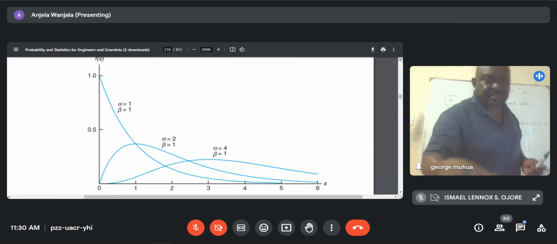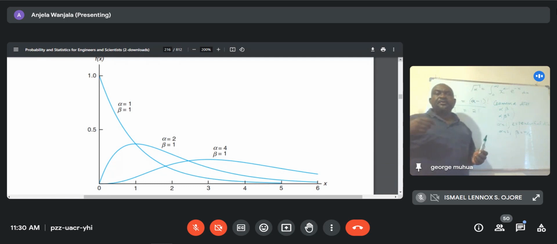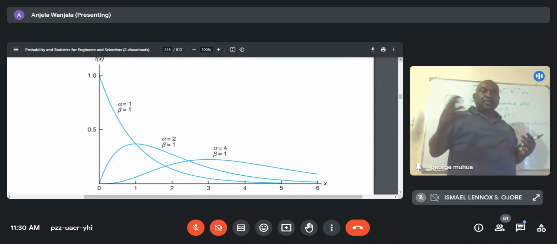In other words, as alpha becomes larger, you tend to the normal curve. Those details of the parameters of the distribution behaving as the sample size goes up, we can do under sampling distribution.